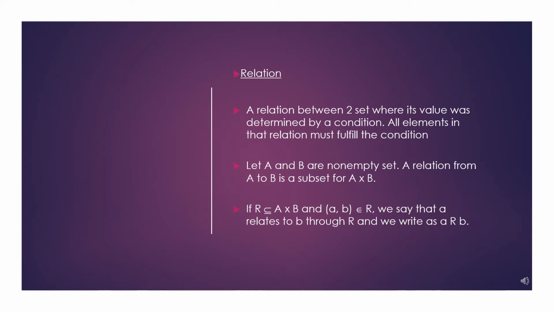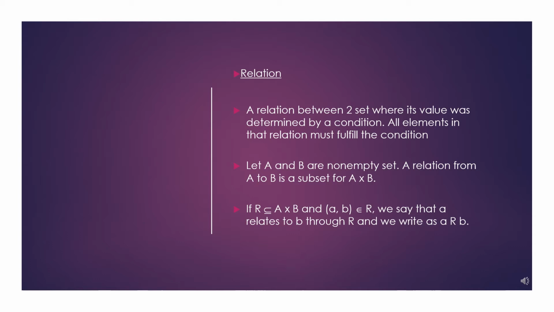The next part is relation. First point, a relation between two sets is one whose value is determined by a condition. All elements in the relation must fulfill the condition. In order to do this, you have to ensure all elements are the right ones.